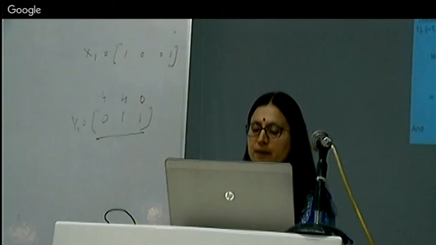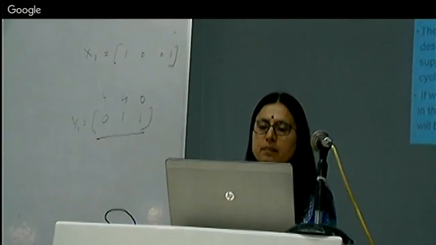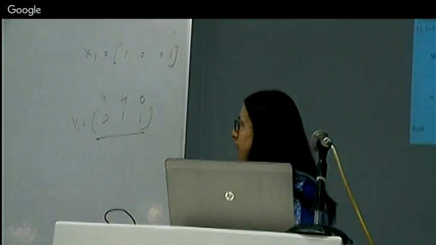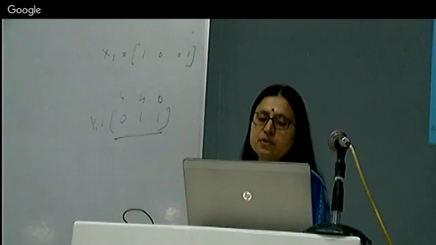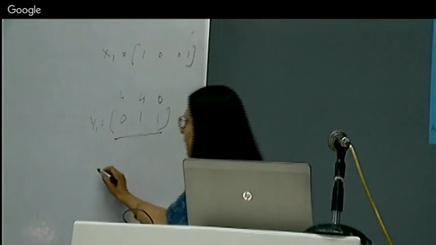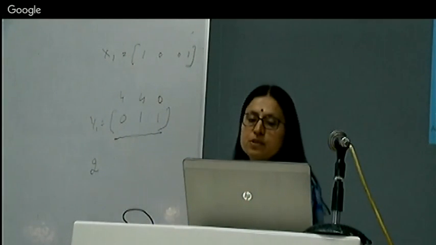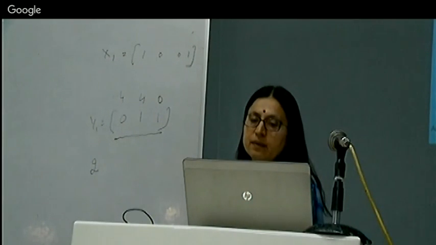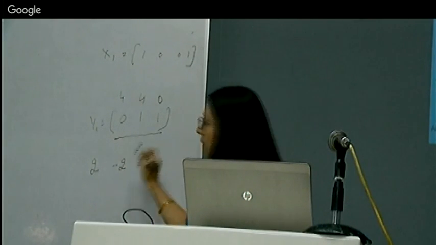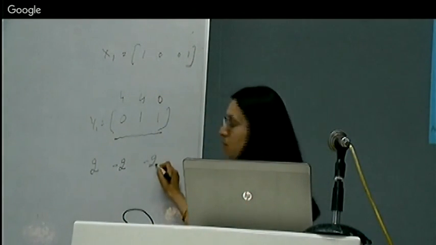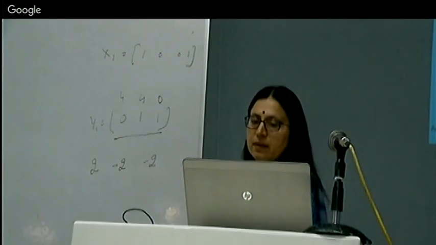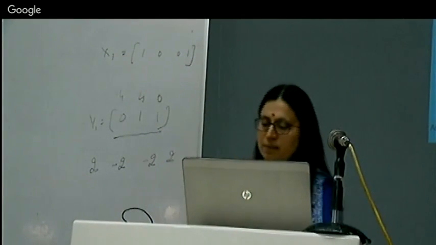In the transpose of the weight matrix, the first column is minus 2, 2, 0. When we multiply this with y1, we get 2. Then the second column gives us minus 2, the third column gives us minus 2, and the fourth column gives us 2. So these are the activations.